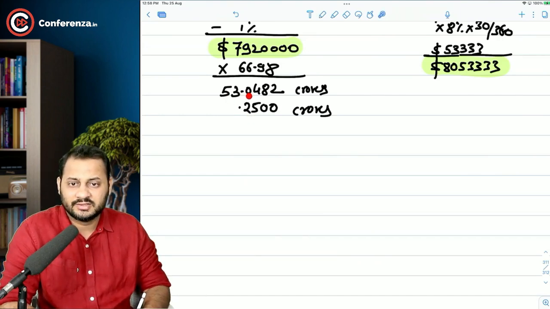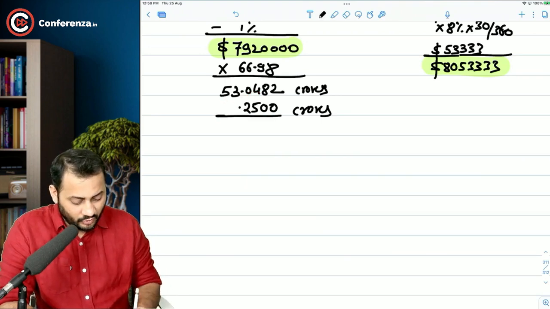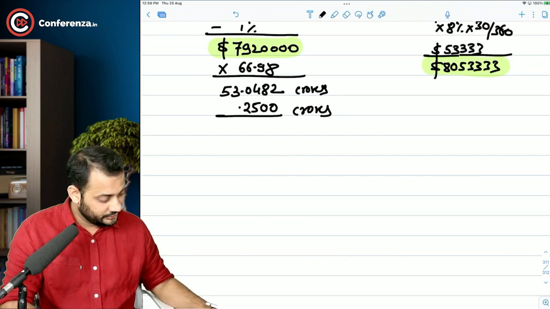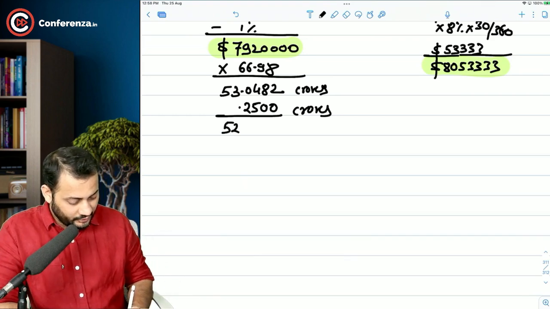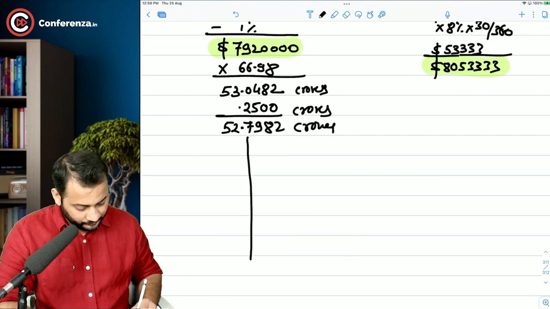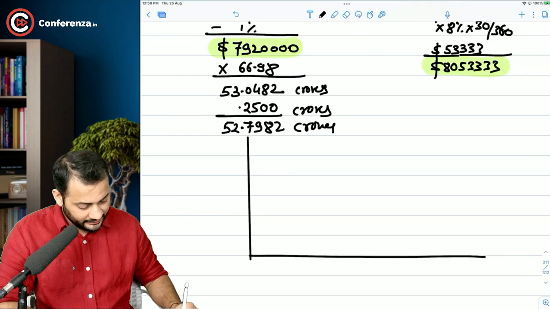This is crore and this is the lakhs. 53 crore 4 lakh and this is 25 lakh. This is the amount already available with you. So the only amount of loan which is required is minus 0.25, 52 crore 79 lakh 82,000. Right? And this you will borrow for 90 days.